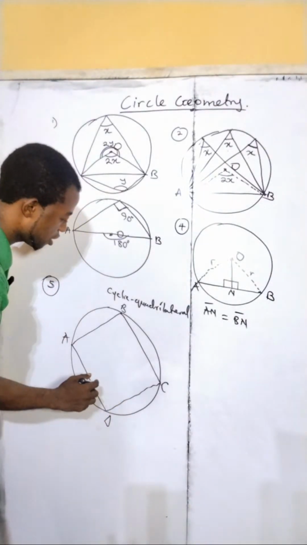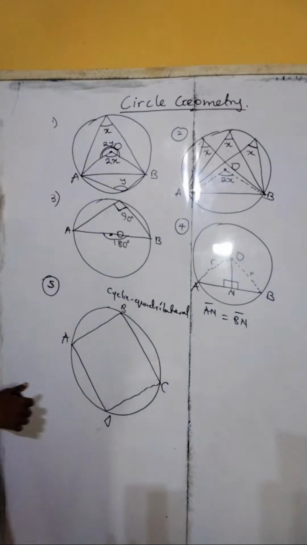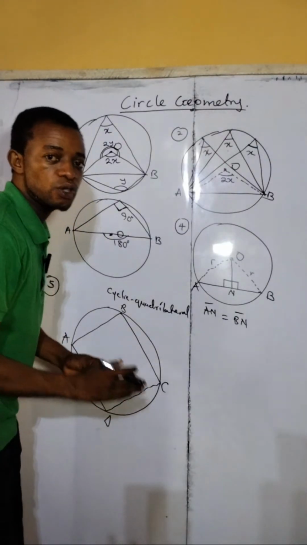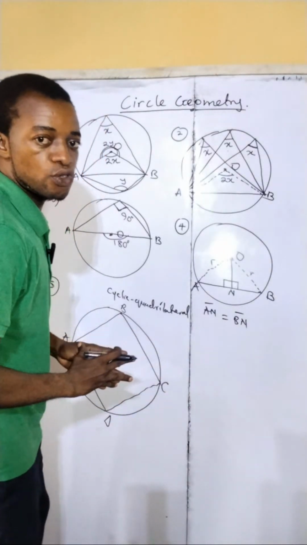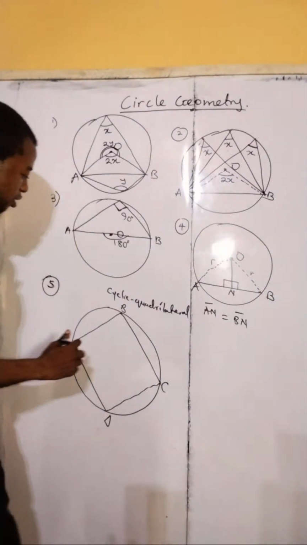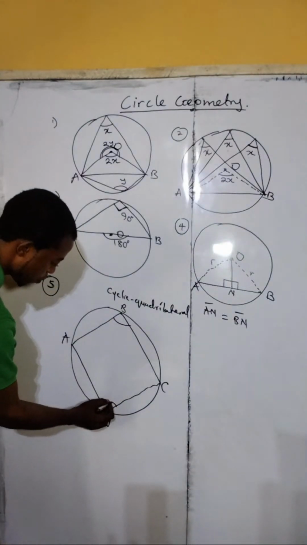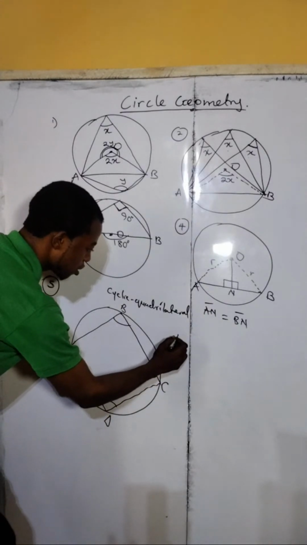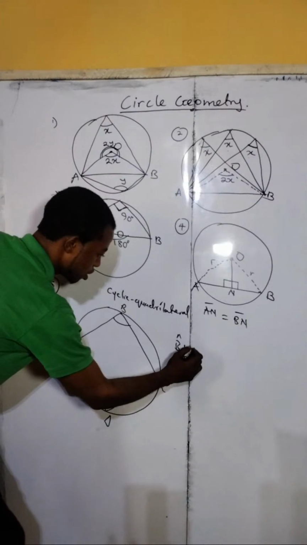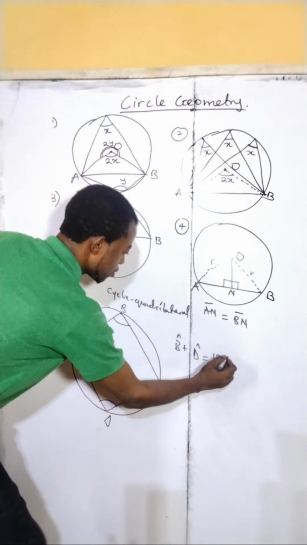Then the theorem is saying that opposite angles of a cyclic quadrilateral are supplementary. That is, in other words, opposite angles of a cyclic quadrilateral add up to 180 degrees. Now it implies that angle B here is opposite to angle D. So you can say angle B plus angle D is equal to 180 degrees.